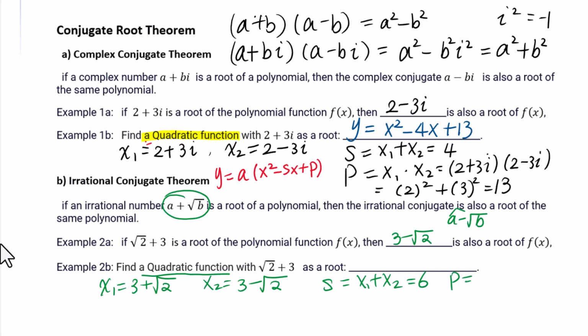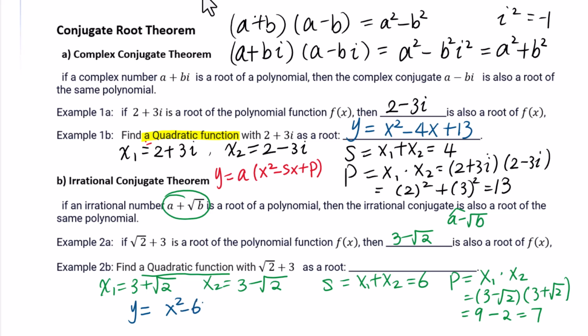P equals x1 times x2 equals 3 minus square root of 2 times 3 plus square root of 2 equals 3 squared, which is 9, minus square root of 2 squared, which is 2, equals 7. y equals, to be simple, let's make a equals 1. x squared minus 6x plus 7.